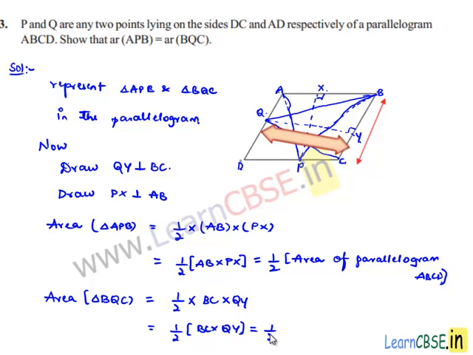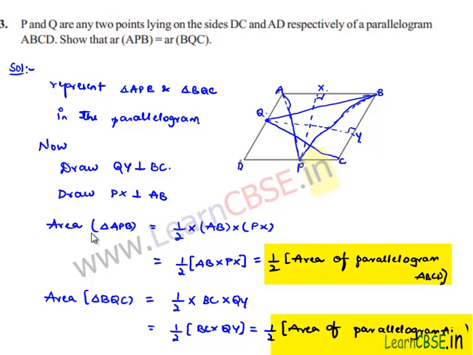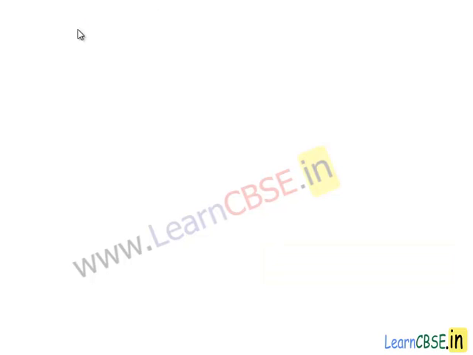Therefore, the product of base and corresponding height is the area of that parallelogram. Here, the area of triangle APB and the area of triangle BQC are each equal to half times area of parallelogram ABCD. Therefore, finally we can say that area of triangle APB is equal to area of triangle BQC. This is what was required to prove.